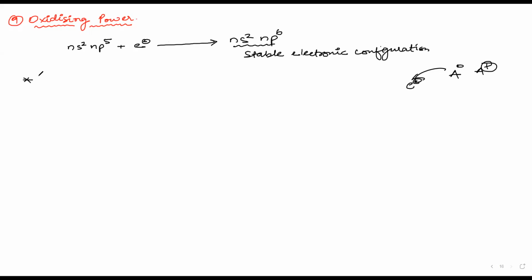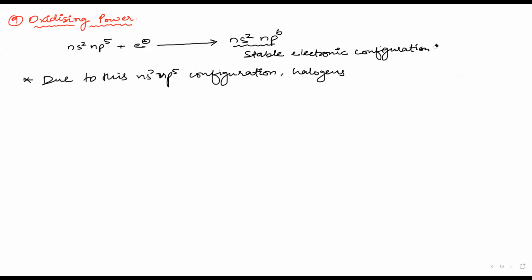So due to this ns2 np5 configuration, halogens easily accept an electron and act as strong oxidizing agent.